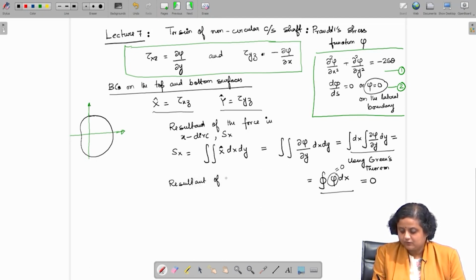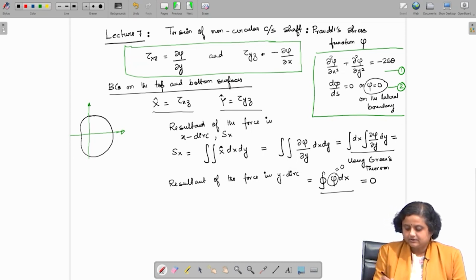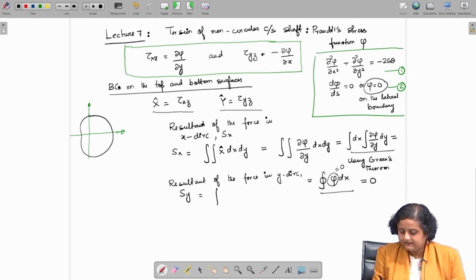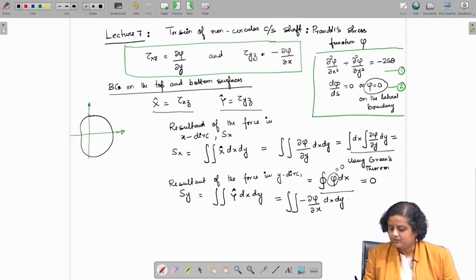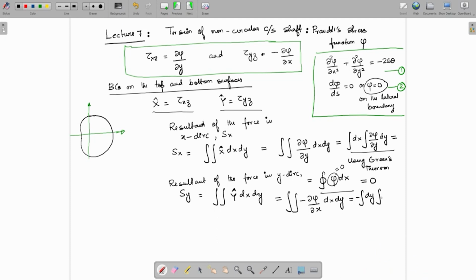So, the resultant of the force in y direction, that is Sy, can be similarly written as the area integral of y hat, which can be written in terms of the Prandtl stress function as follows, which using Green's theorem can be written as minus the integral over the contour, and this is equal to 0 because phi is equal to 0 on the boundary contour.